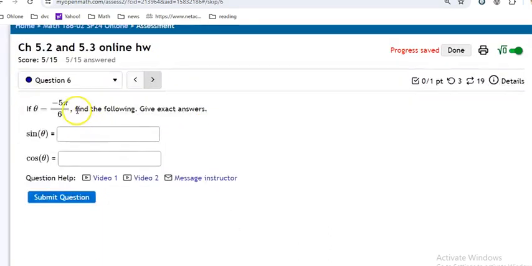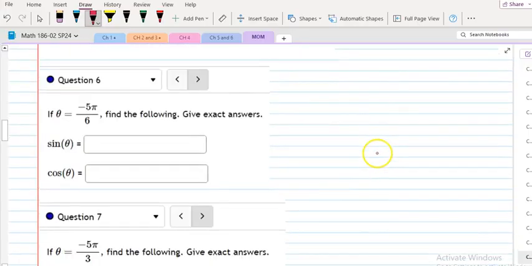Question 6. If my angle is negative 5 pi over 6, which is not on the unit circle, I have to figure out what it is coterminal with. Negative 5 pi over 6, if I add 2 pi, that would be negative 5 pi over 6 plus 12 pi over 6. That is equal to 7 pi over 6.